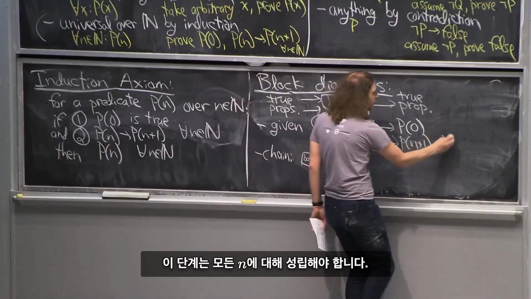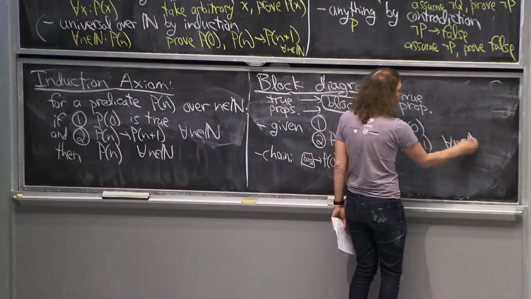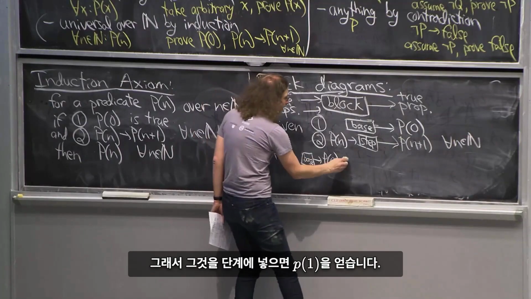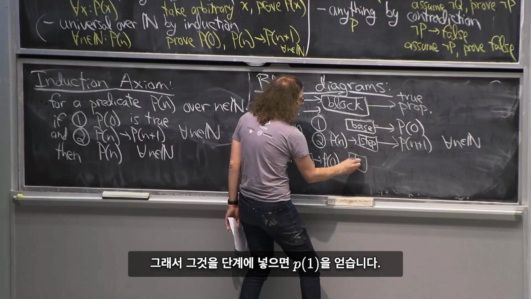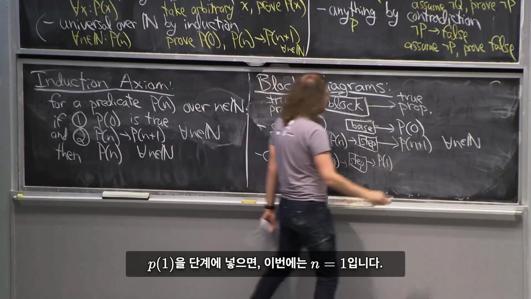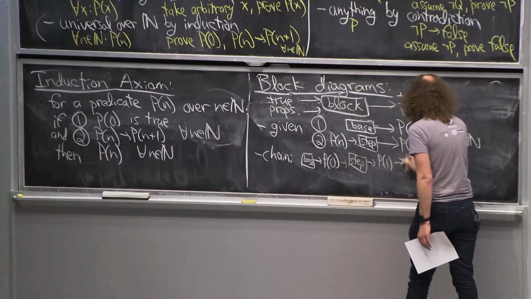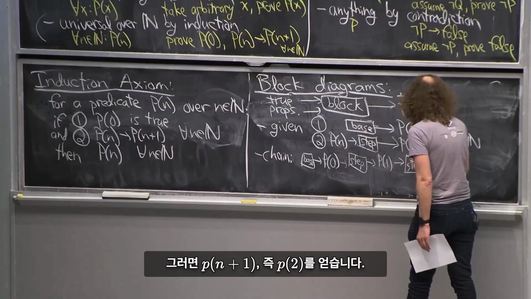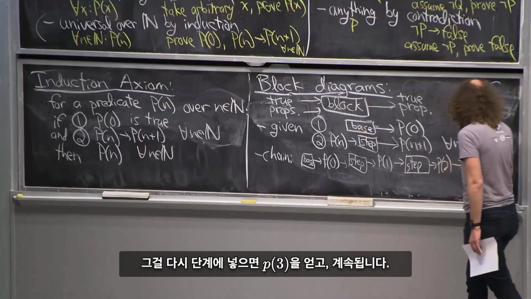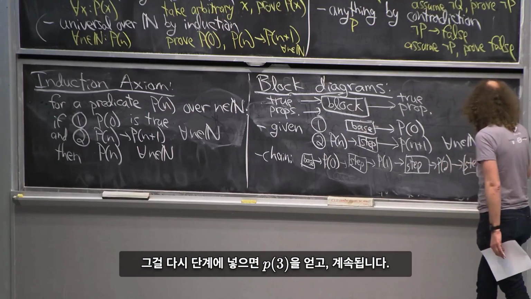This step has to work for all n, so in particular, it works for n equals 0. And so we plug that into the step, and we get P of 1. We plug P of 1 into the step, so n equals 1. Then we get P of n plus 1, namely P of 2. And we plug that into the step, and we get P of 3, and so on.